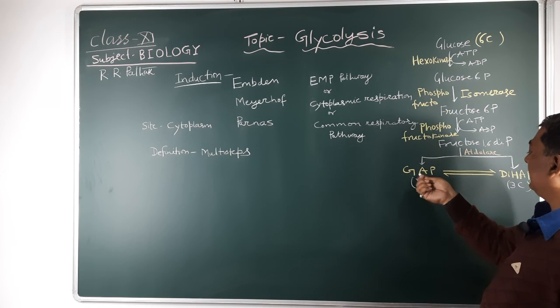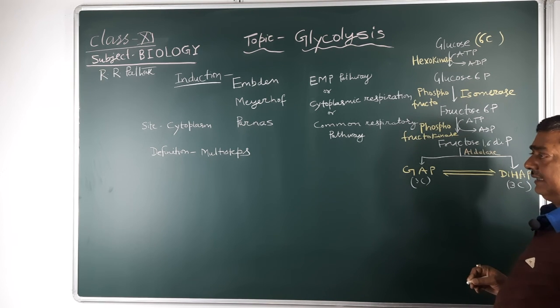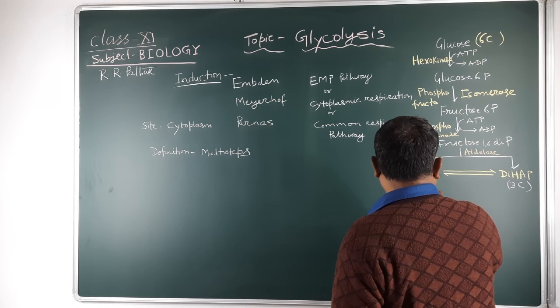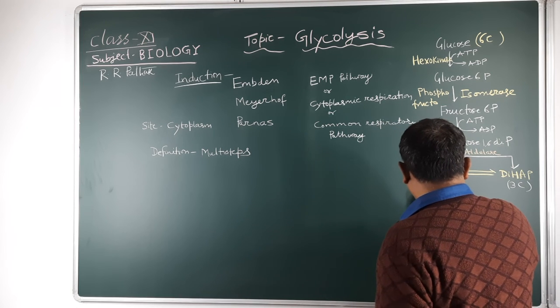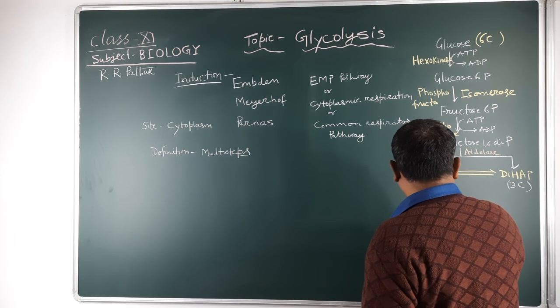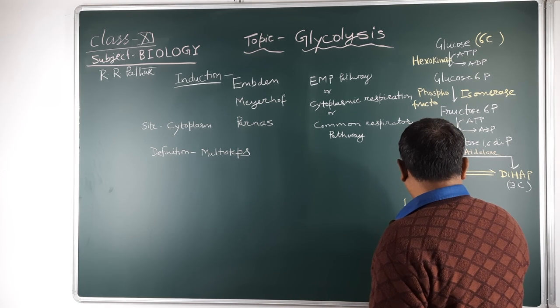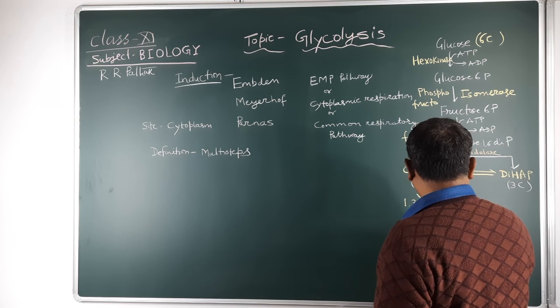Glyceraldehyde 3 phosphate contains aldehyde group while dihydroxyacetone phosphate contains ketonic group. Glyceraldehyde 3 phosphate further forms 1,3 bisphosphoglyceric acid.